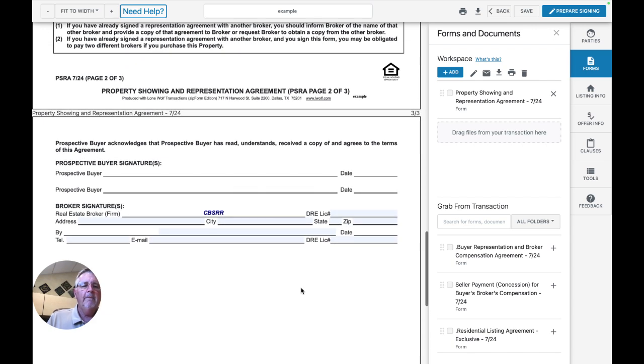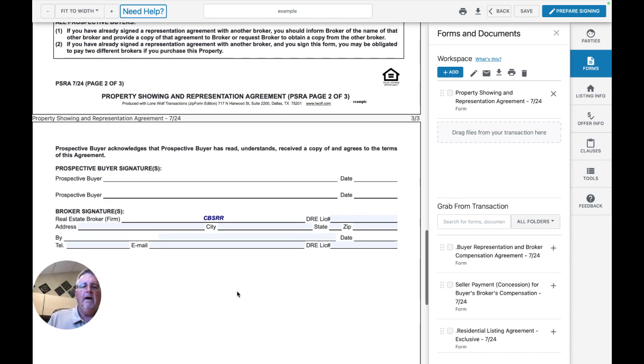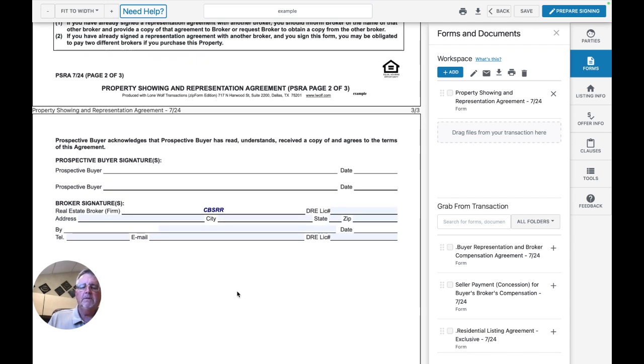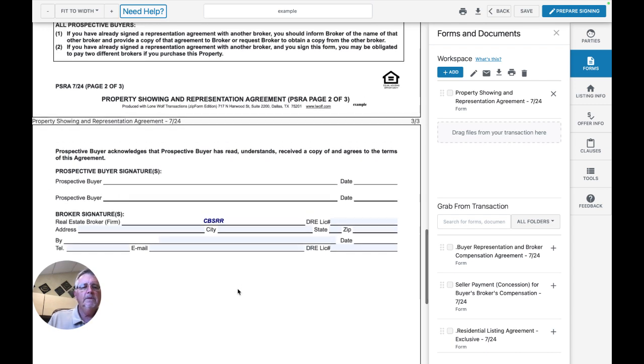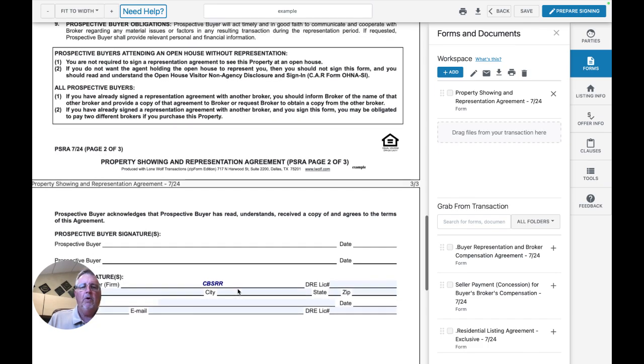And so what I'd recommend that you do under that scenario, if you're going to add another agent to the transaction, then you would use the MTBR. So you would modify the PSRA with a MTBR, which is a modification of buyer representation agreement, to add that second agent's information to the buyer broker agreement.